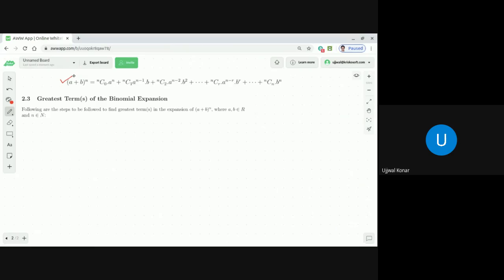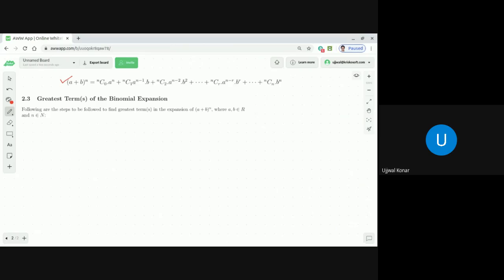Now, if you observe the expansion of that (a plus b) power n, there are n plus 1 terms. Now, we are going to find which among these n plus 1 is the greatest term or greatest terms. That singular plural we can discuss later. Earlier, what we discussed was which one is the greatest coefficient, meaning only nC0, nC1, nC2 up to nCn.